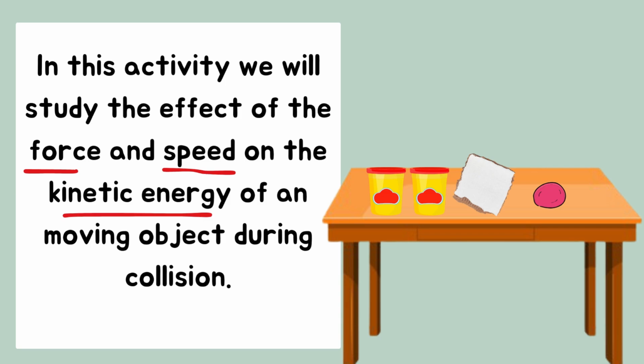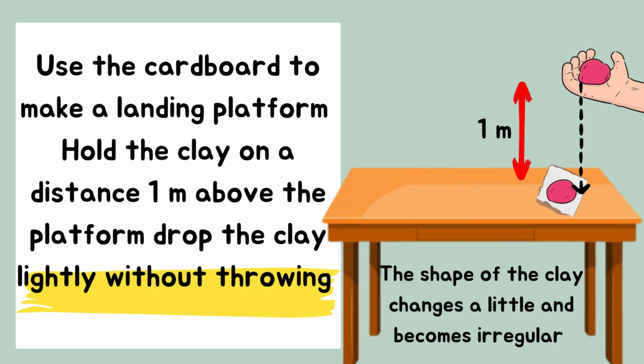Here we will use the cardboard to make a landing platform. We will put the cardboard on the table, and then we will hold the clay at a distance of about 1 meter above the platform, above the cardboard, and then drop the clay lightly, using gentle force, without throwing it very hard.